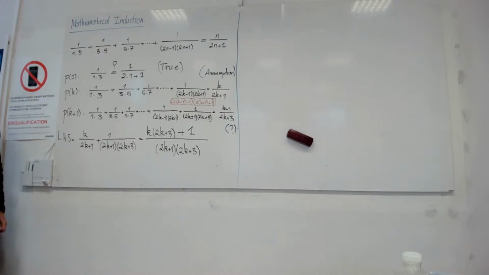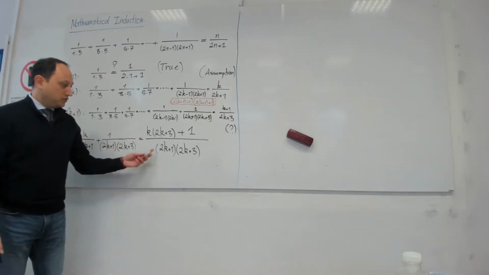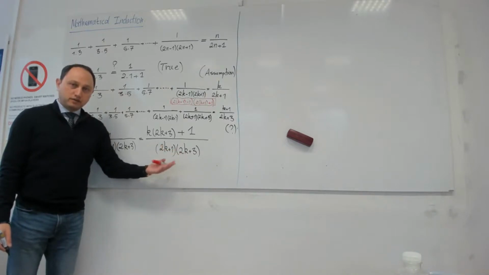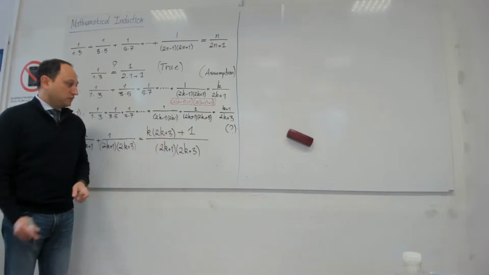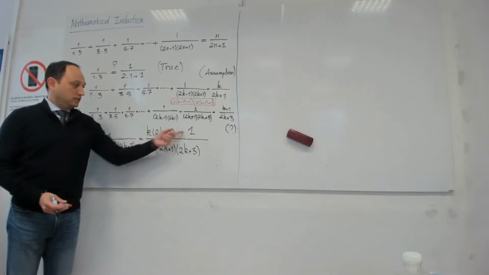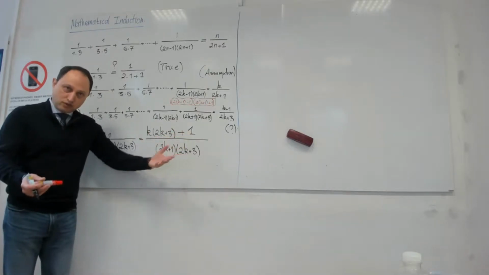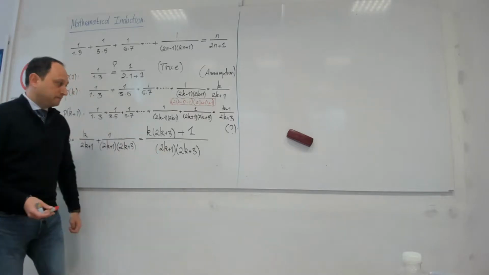And what I do now is try to simplify. If you have a little bit of experience, you know that you shouldn't touch the denominator because the denominator is already in factorized form. It's a product. But the numerator is still not in factorized form. If I ask you to read it, you would say this is the sum of this and that. So it's not factorized form, because for factorized form you should say it's a product of this and that.